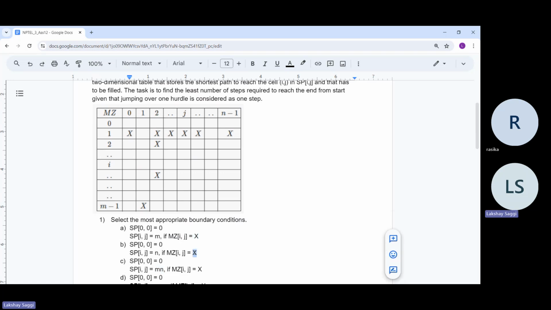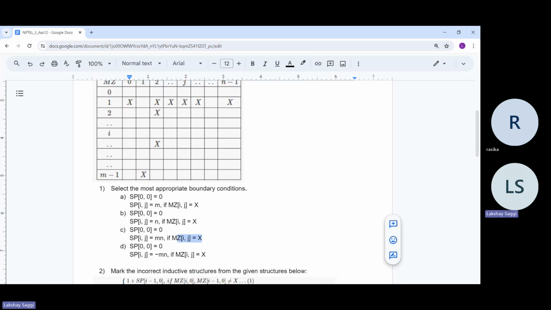So instead of setting SP[i][j] to infinity for the cross cells, we can just set it as mn also, because in this case mn and infinity are equivalent: the maximum distance in this table is of order m plus n, and mn is always greater. So setting it as mn is also sufficient for us.